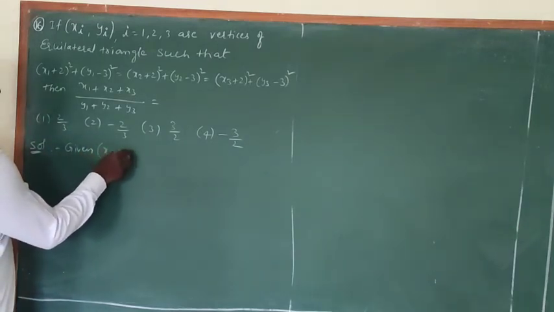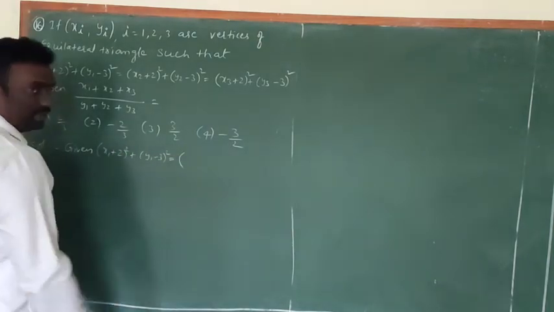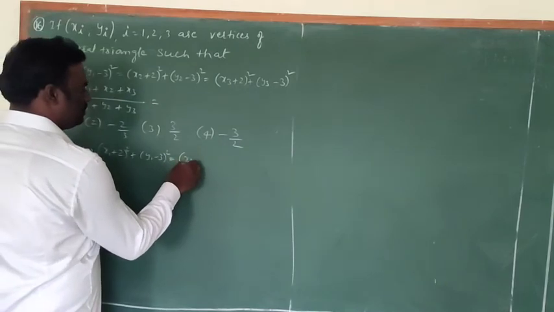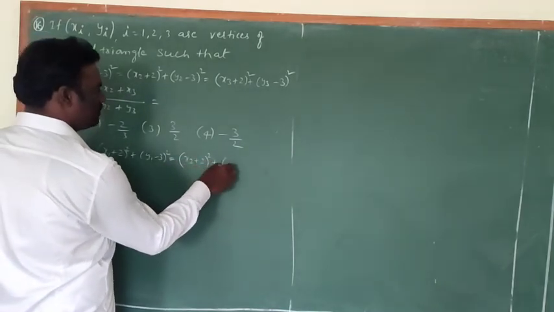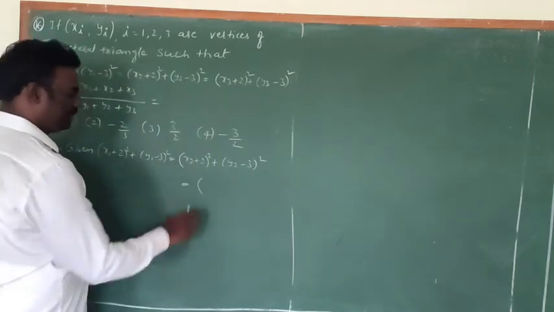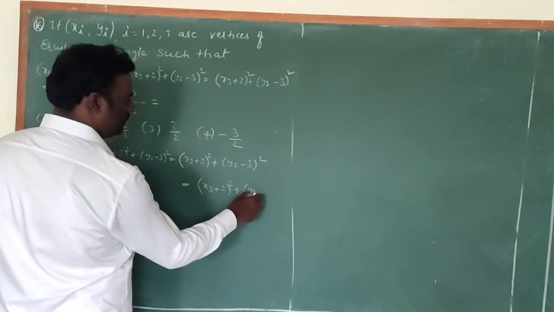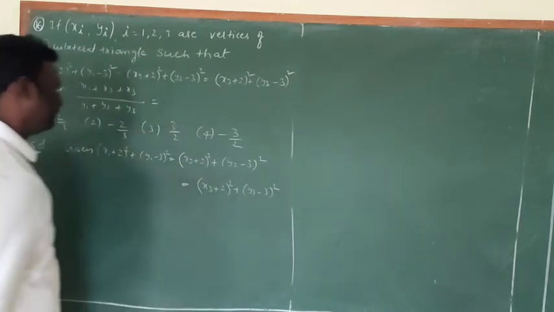x1 plus 2 whole square plus y1 minus 3 whole square equals x2 plus 2 whole square plus y2 minus 3 whole square, which equals x3 plus 2 whole square plus y3 minus 3 whole square.